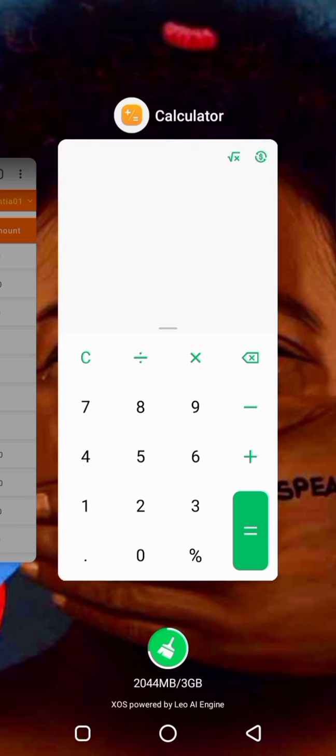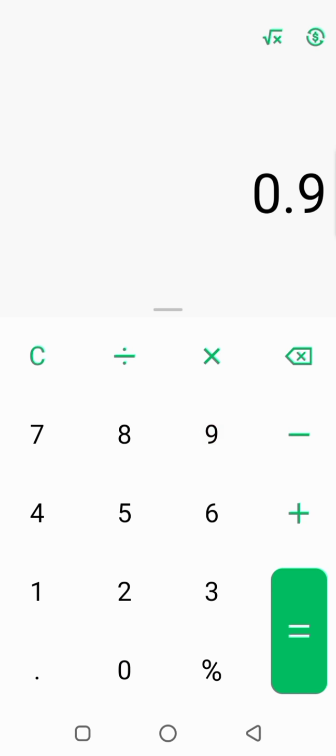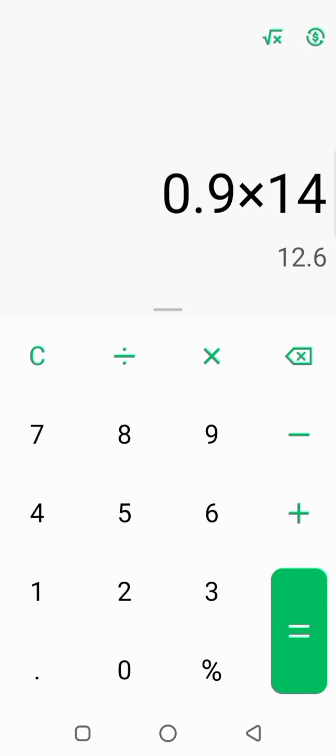So if you're on VIP3 and your account is credited with 14, this is how it's going to be: 0.9 times the 14, so it's going to be 12.6. If you are currently on VIP3, the company is going to be taking 12.6.